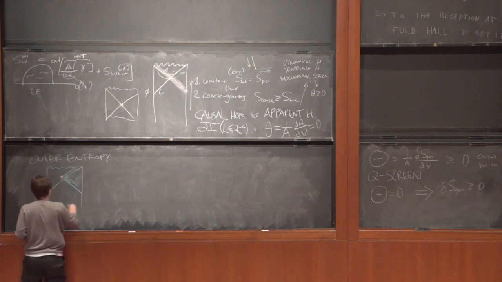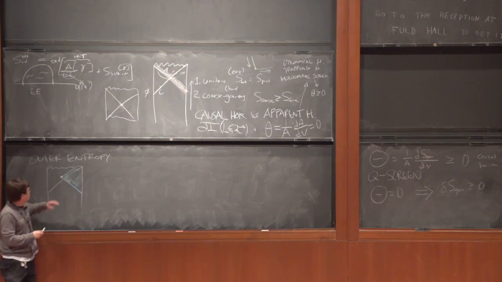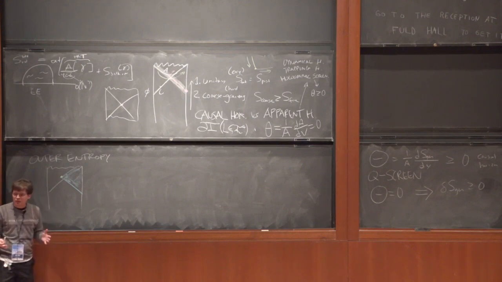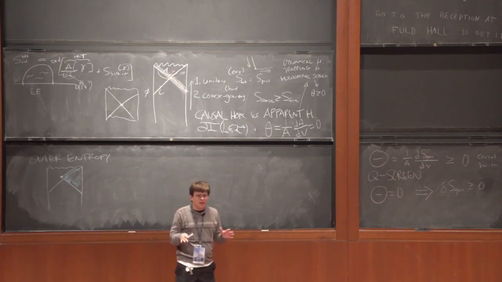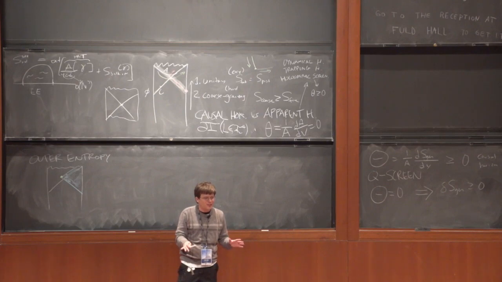Now you can ask the following question. What we normally do when we have a coarse-grained entropy, one way to find a coarse-grained entropy, the sort of Jaynesian way, is to say, I specify what's fixed, what I can measure, the macro degrees of freedom, and then I maximize the entropy subject to holding those constraints fixed.